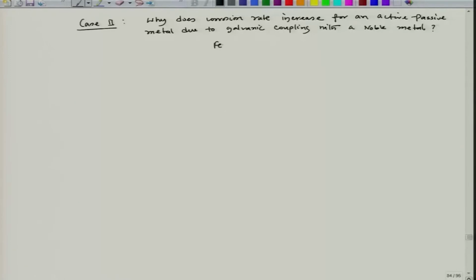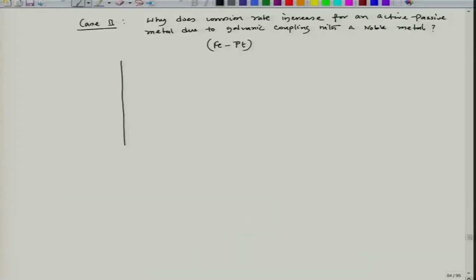Let us see a situation. This situation can arise in case of an alloy, let us say an iron platinum alloy, and here also platinum enrichment can take place if we follow the de-alloying concept. So, let us say platinum enrichment takes place, and then what happens? Let us draw the mixed potential Evans diagram, which is E volt versus log I, in ampere per centimeter square.